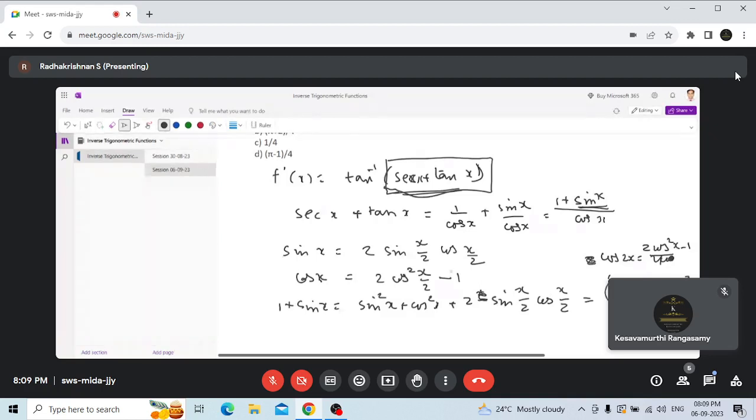The denominator cos x can be written as 2 cos square x by 2 minus 1, that is cos square x by 2 minus sin square x by 2.